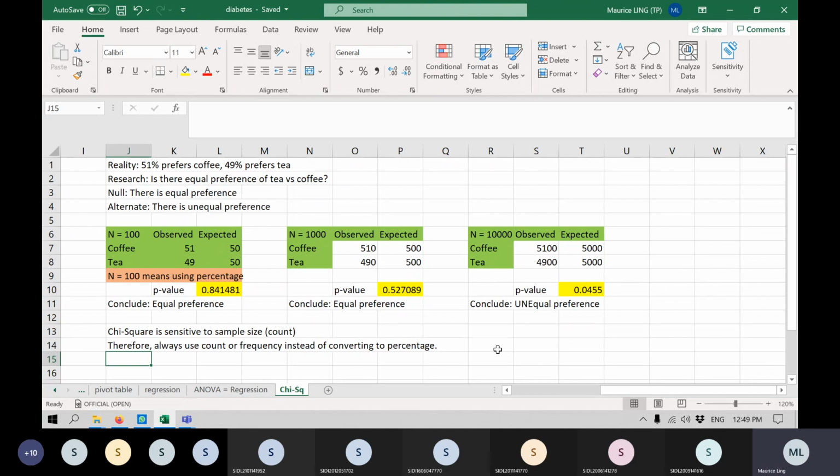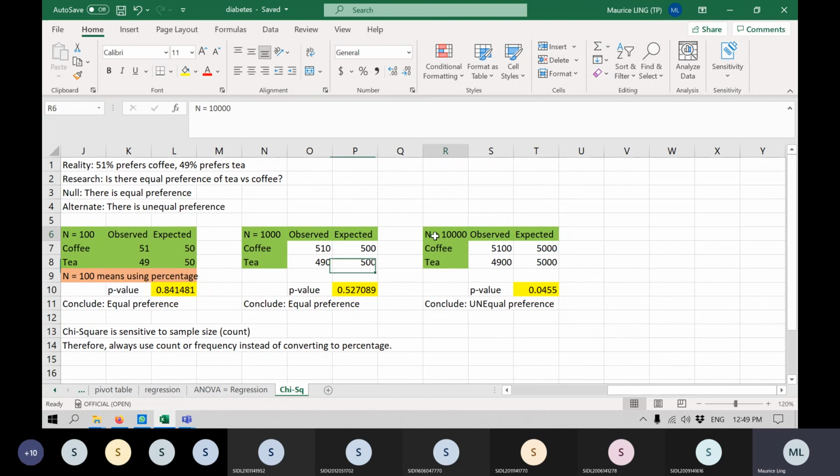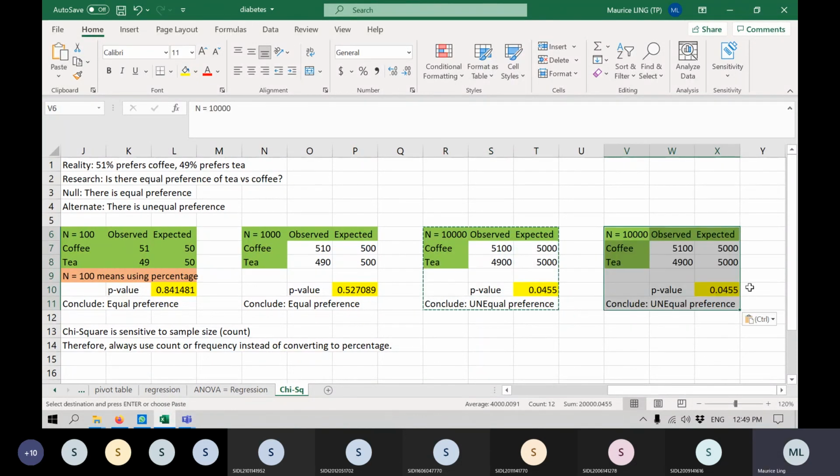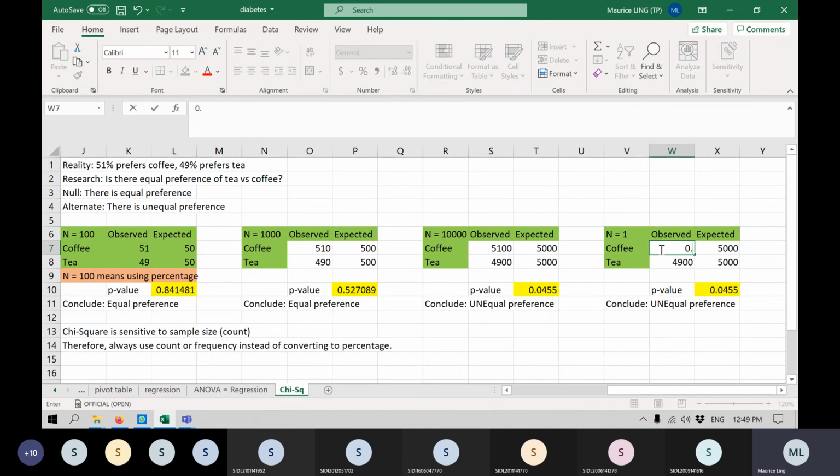Make sense? Even worse, there are some people who tell me that you can even use proportion. What happens if you use proportion? Proportion means you take this, so n equals 1. And here is 0.51, 0.49. Here is 0.5, 0.5. See?